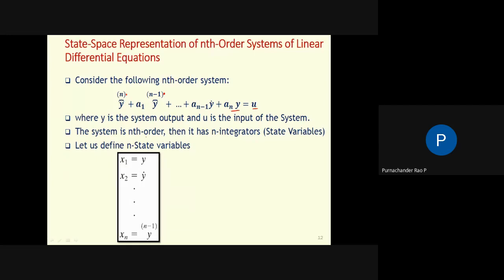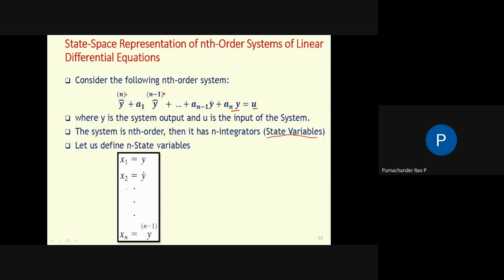If the system is of nth order, then it has n number of integrators. These n integrators give n state variables. We assume these state variables as x1, x2, x3, and so on, xn. For the given differential equation, we assume x1 is equal to y, the output.